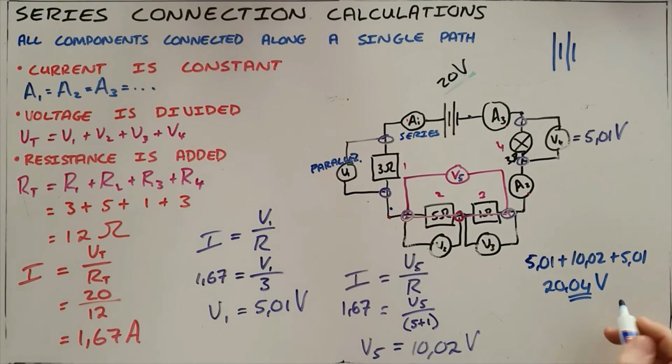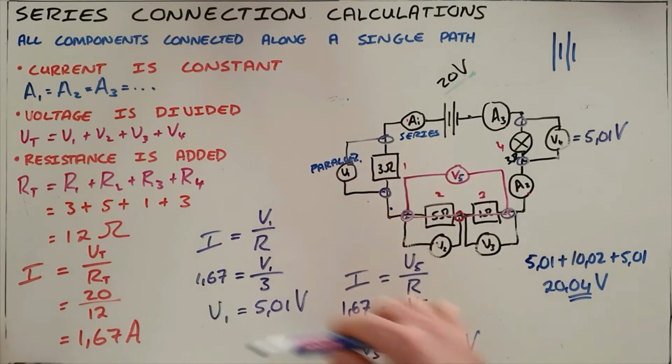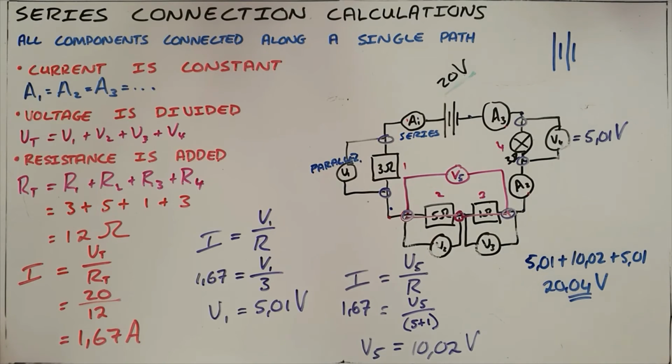Obviously this 0.04 is just because we have rounded our current off and is negligible and would not penalize you at all. So what we are trying to show here is that using your 3 laws for series connections and Ohm's law, you can always solve for unknown values in your circuit.